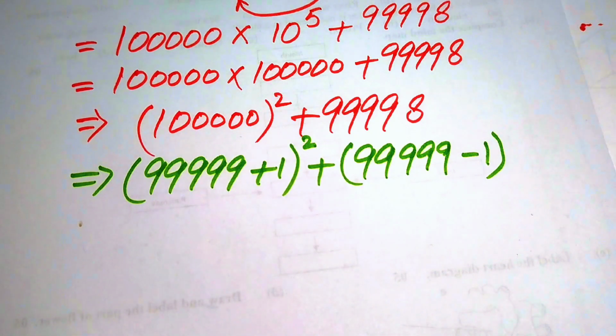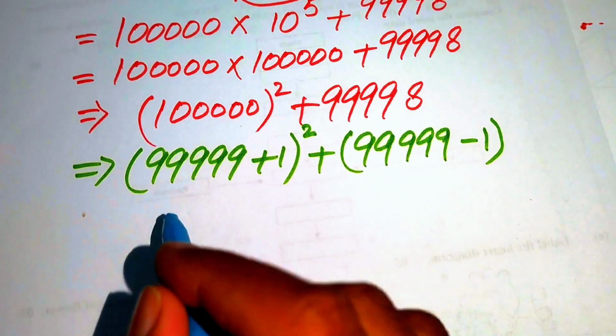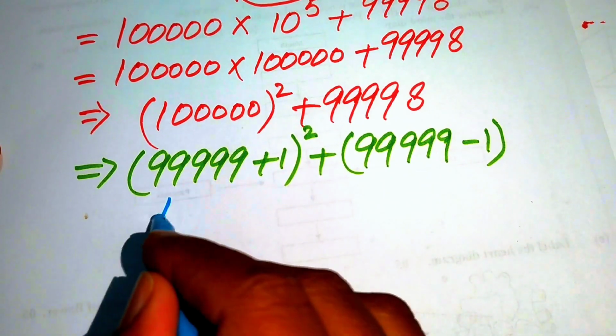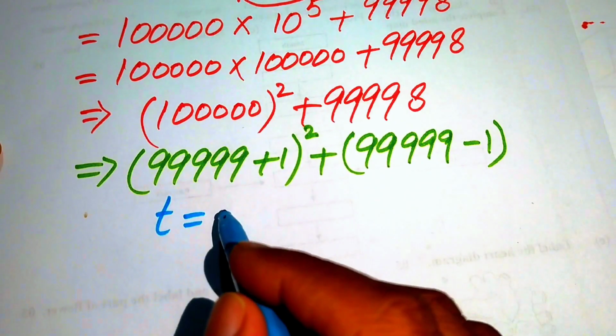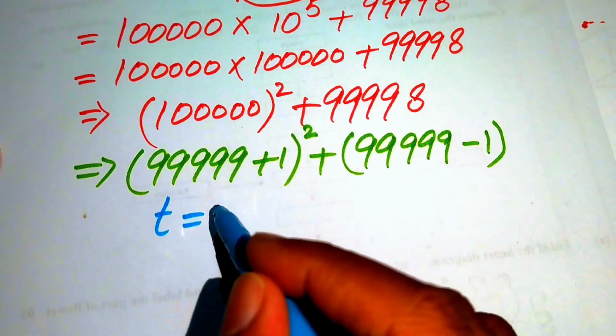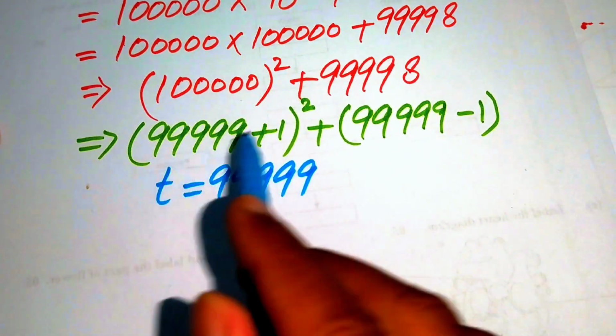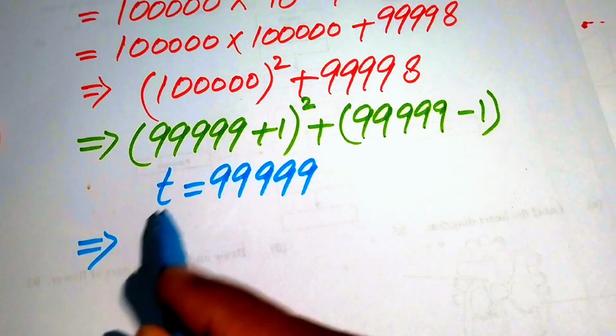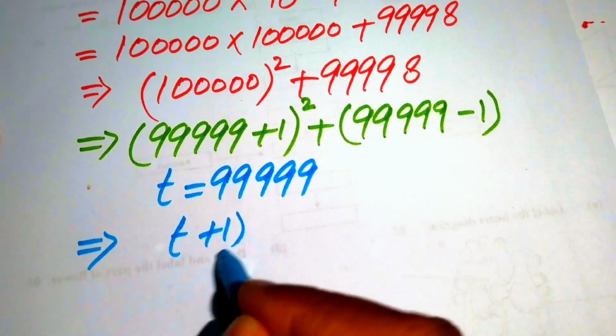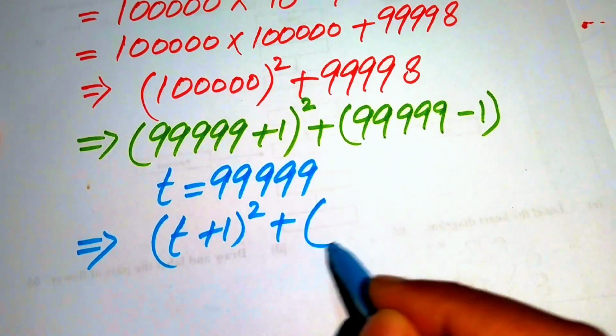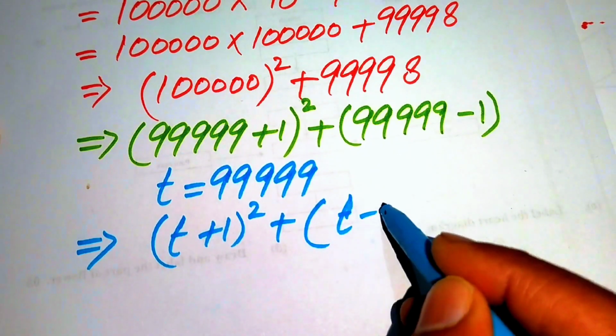Now we can write this expression in simplified form, so we take t equals 99,999, so this whole expression becomes t plus 1 whole squared plus t minus 1.